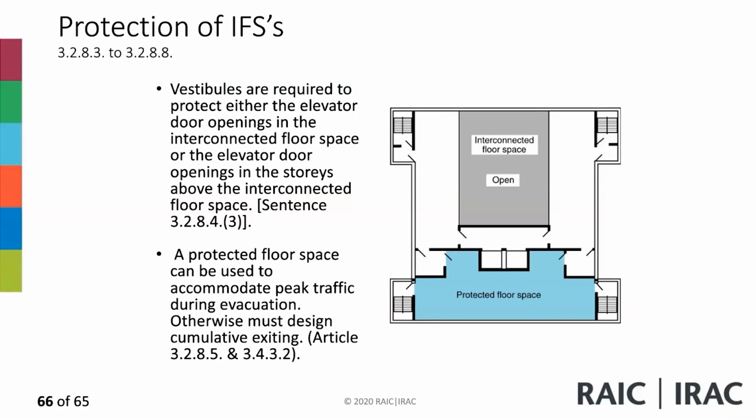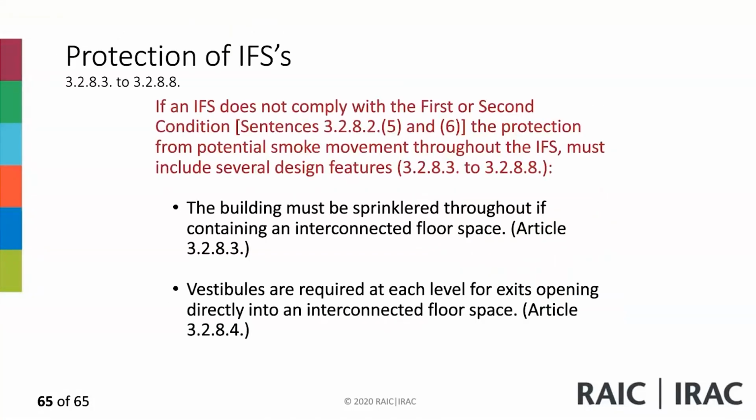So this one, you will see that now we have vestibules required either at the elevator door openings in the interconnected floor space or the elevator openings in the stories above. And a protected floor space can be used to accommodate peak traffic during evacuation, otherwise must be designed for cumulative exiting. These are provisions for each one of them. So take a look at them.